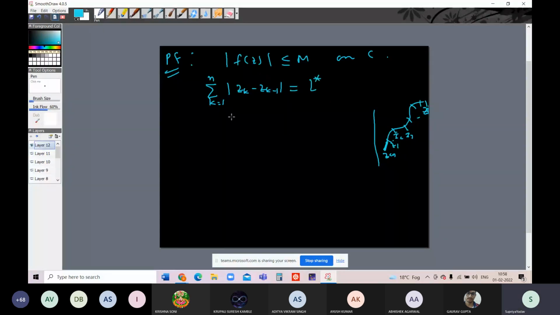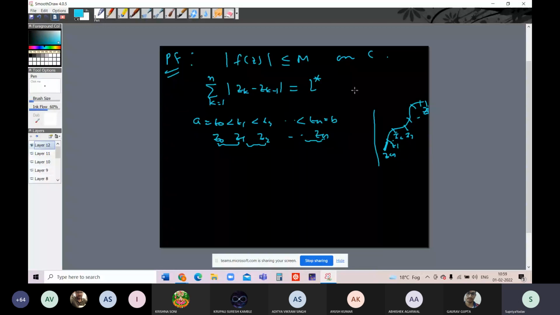For a particular partition t_1, t_2 and so on up to b, corresponding to this partition we will get z_1, z_2, up to z_n. So the length of each sub-interval, and when we add all these values, we will get L star. Similarly, if we make another subdivision, we will get another value, say L_1 star or some other value.